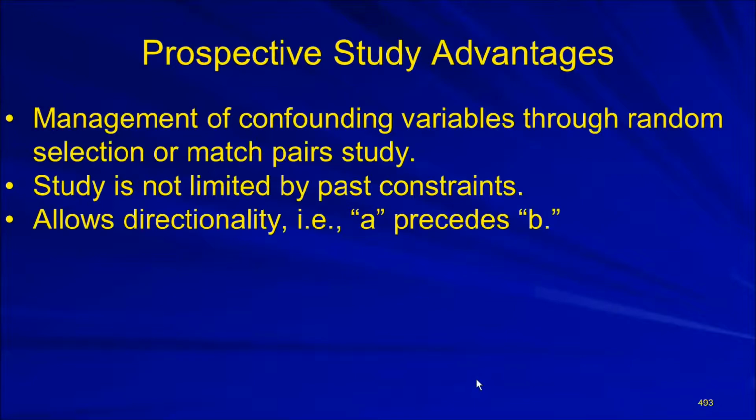The only study that is a cause and effect study is an experiment. It does allow us to say that A comes before B, and that's the first step in determining causality. Then if we wanted to go back to do an experiment to say that A precedes B, we can do so.